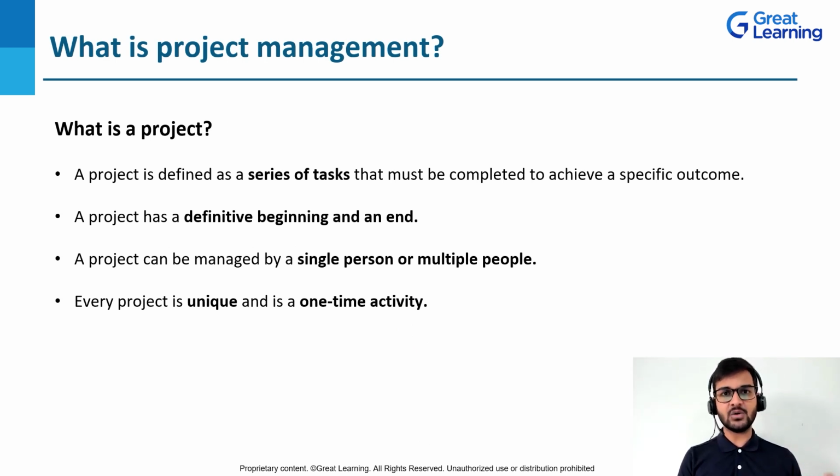Before we try to understand the need of managing a project, we should know the definition of a project. A project is defined as a series of tasks that must be completed to achieve a specific outcome. The main words here are series of tasks and a specific outcome. So there's always some vision, some desired position where we want to reach.